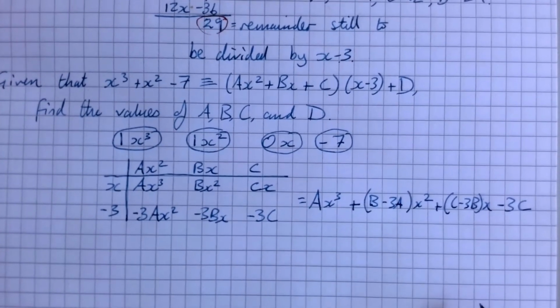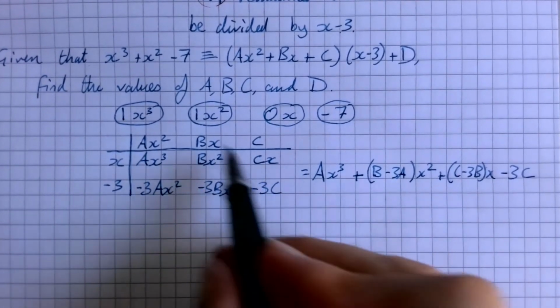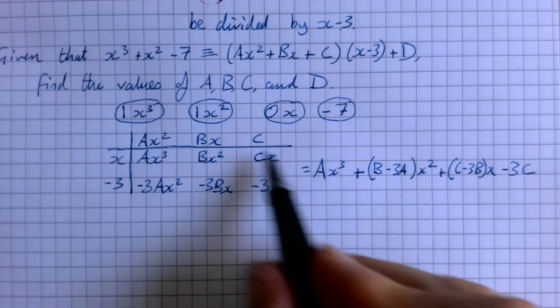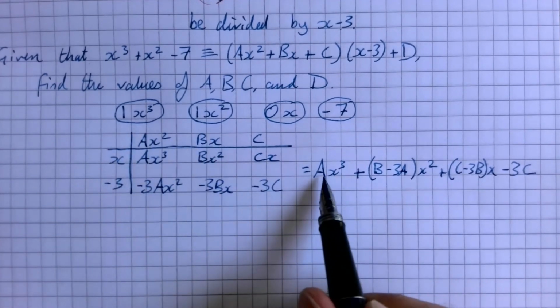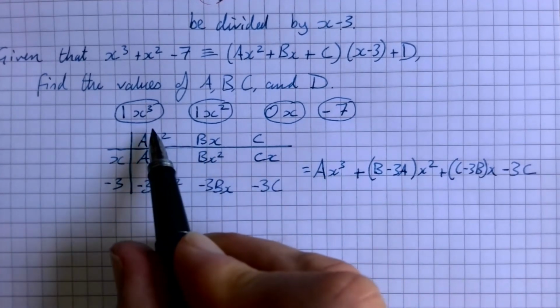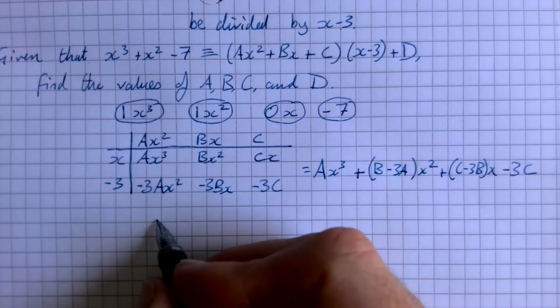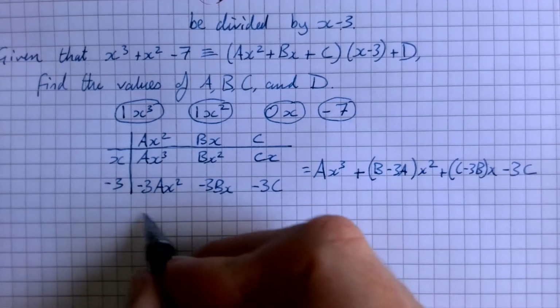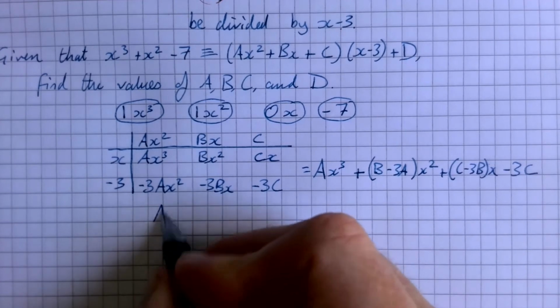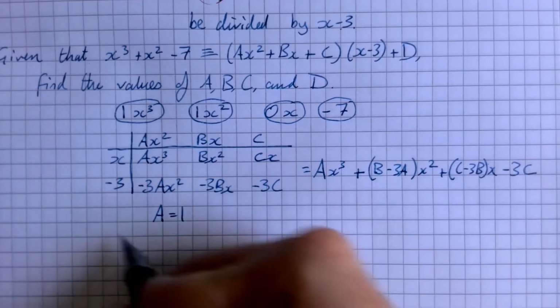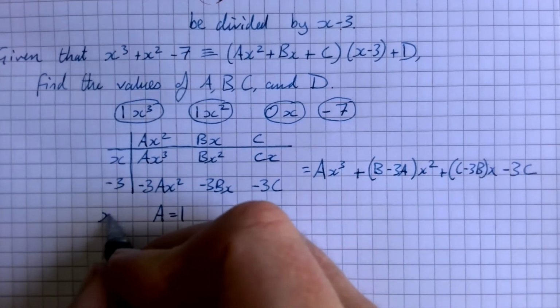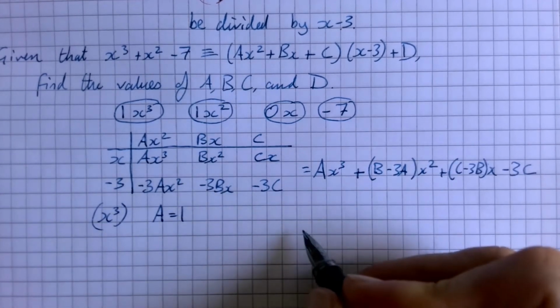And now that I've done that, I'm going to look at each of my coefficients here. Because I've got just ax cubed and 1x cubed, I can say that a equals 1. So that's looking at the x cubed.